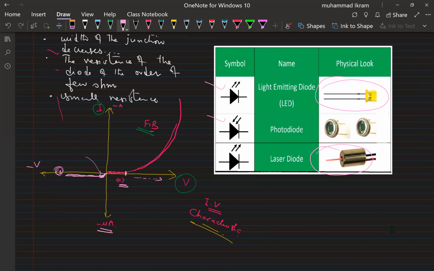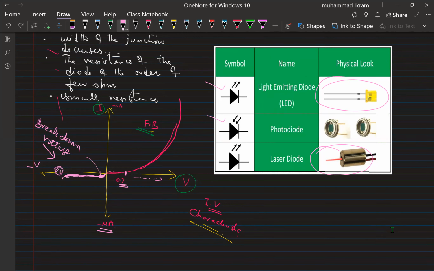Then for further increase in the reverse voltage, the current does not increase until we reach a value called the breakdown voltage. Sorry, this is called the breakdown voltage.